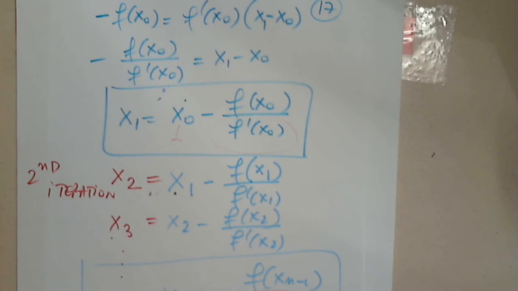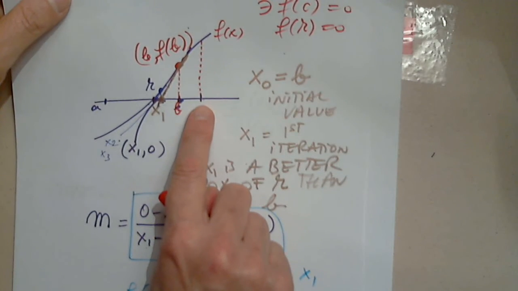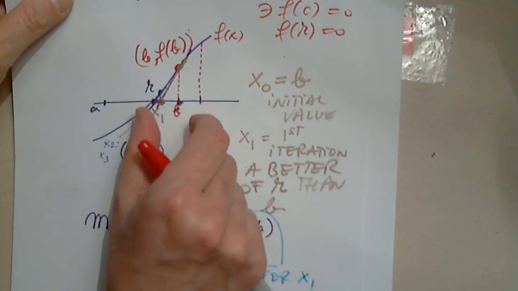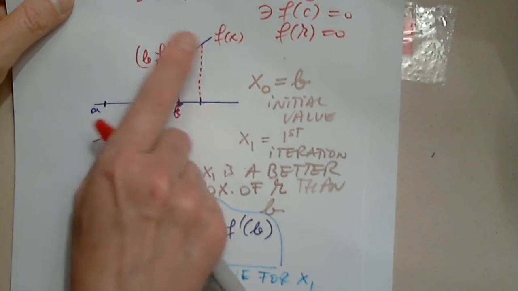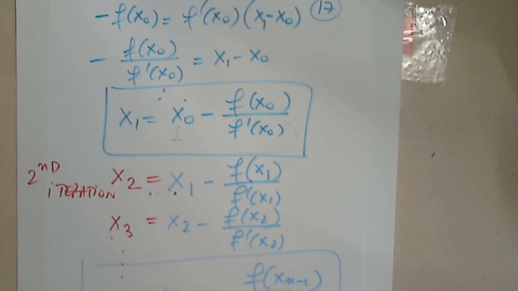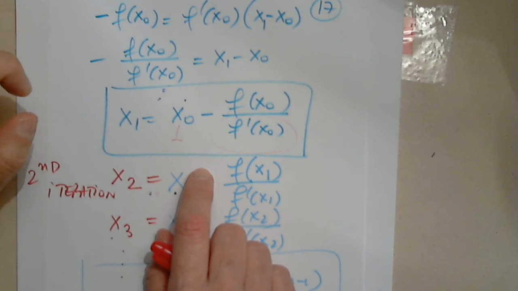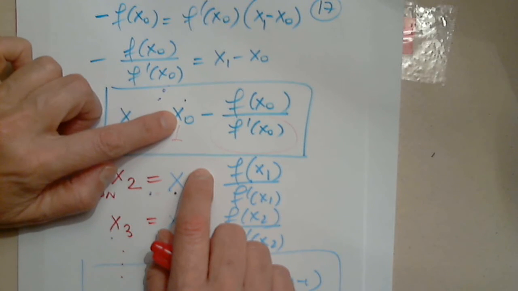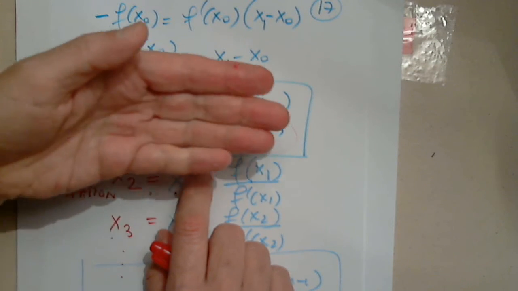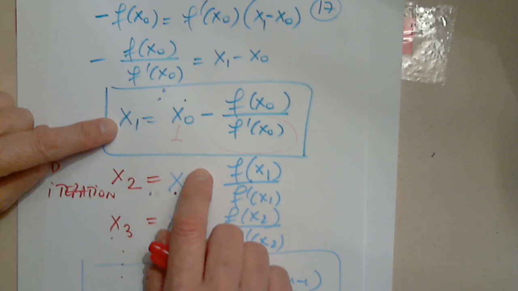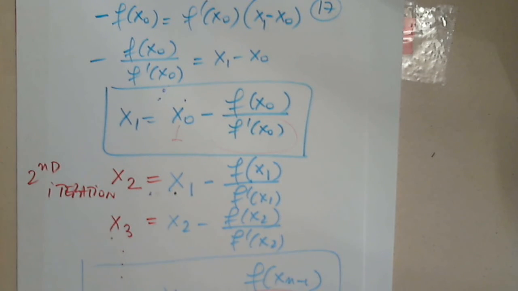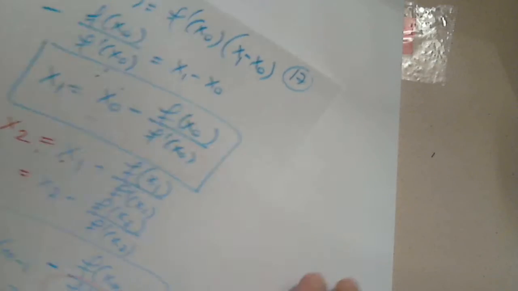Make sure that you start in such a way that there is no max or min between the starting point and the solution, because the method will not converge. The second potential problem is when you start with a value that makes f prime 0, you will not even be able to find the first iteration. So careful with that. Let's look at a problem and see how this works.